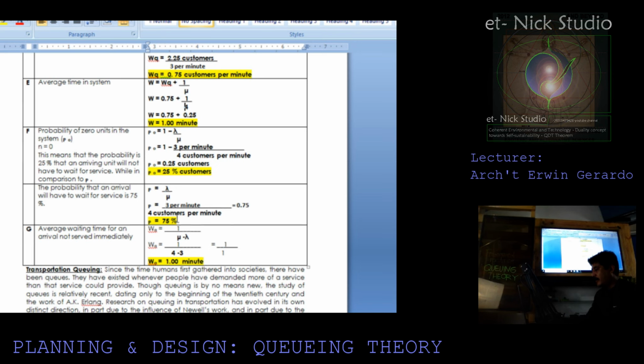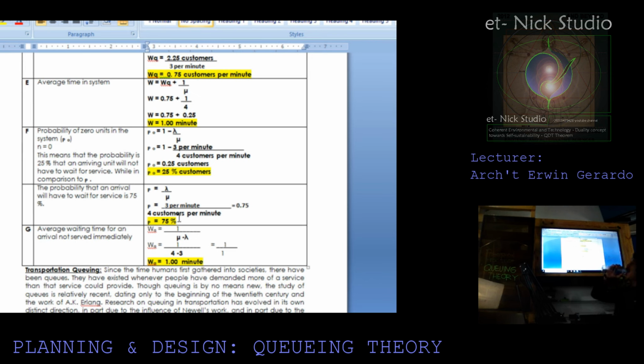So 3 divided by 4 is 0.75. Therefore, there is a greater chance that customers will wait for their service, as compared to 25%.